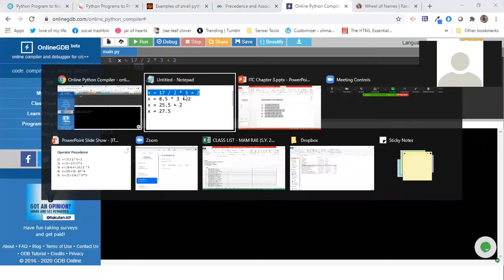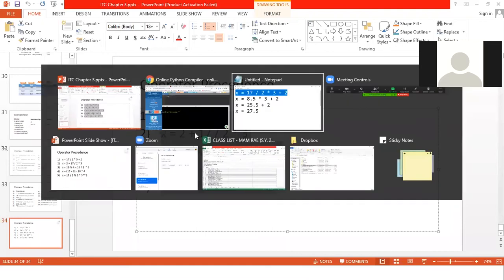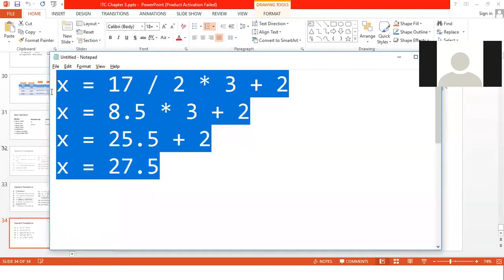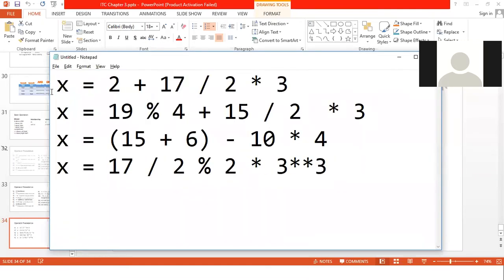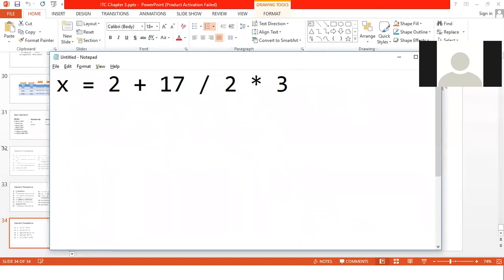How about the next equation? Next equation is 2 plus 17 divided by 2 multiply by 3. Okay.